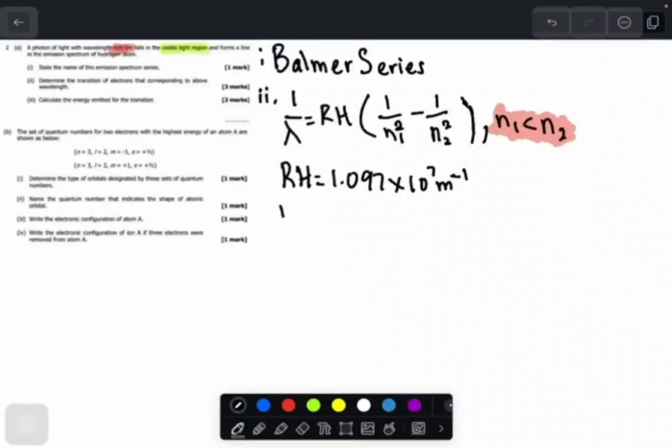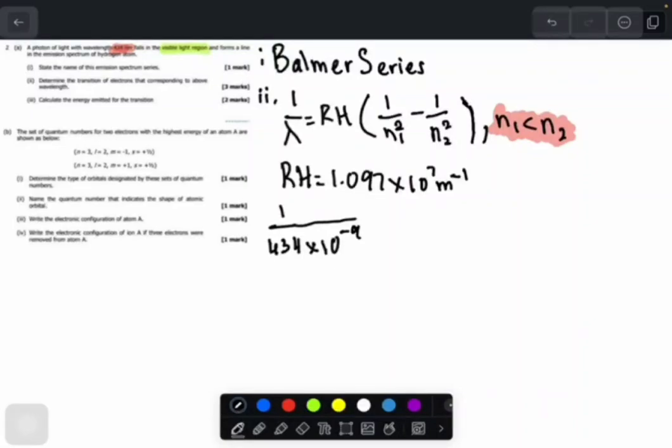I'll substitute now. 1 over 434 nanometers. I'm going to convert it to meters, and the prefix of nanometer is 10 to the power of negative 9, so you just times 10 to the power of negative 9. It's quite easy to change. Another tip is that you can never change the constant. Rydberg's constant is per meter in this question, so don't change Rydberg's constant to any other value.